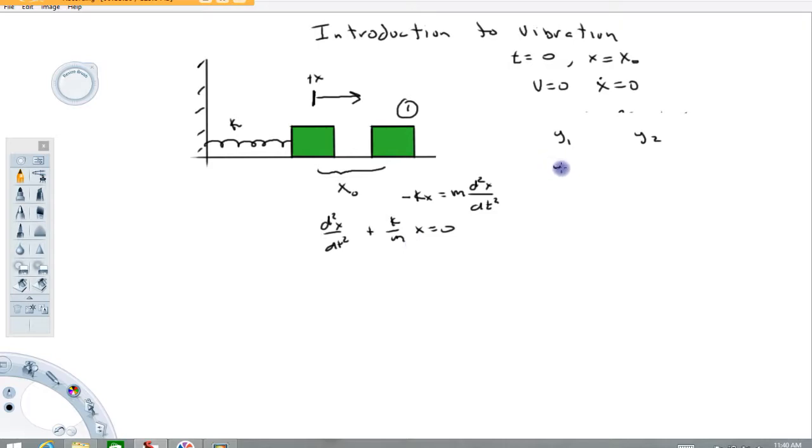So y1 in this example might be something like a sine of bt, some generic trig function. y2 might be some other function, maybe c cosine of dt. It's pretty easy to show that either one of these can solve this equation, and the sum of the 2 will also solve it.